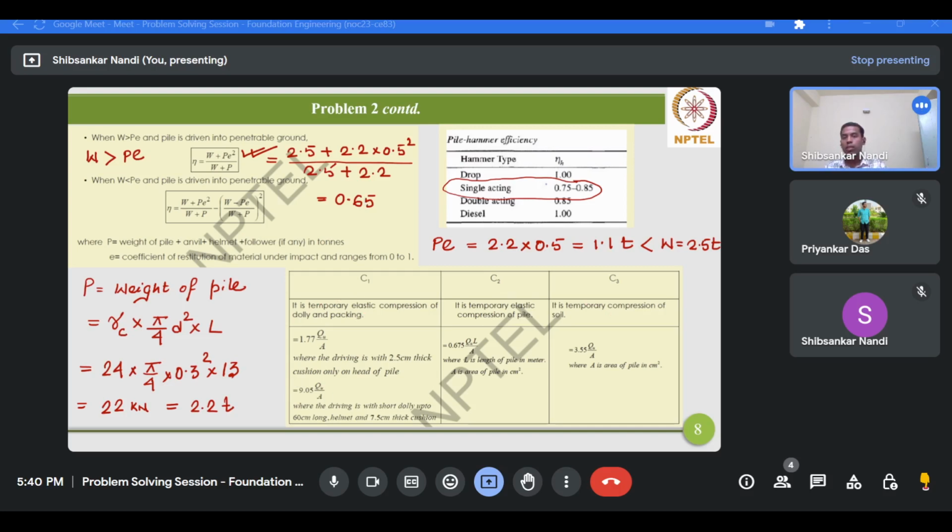C1 is the temporary elastic compression of dolly and packing, and it has a value of 1.77 times Q by A, where the driving is with a 2.5 centimeter thick cushion only on the head of the pile. And I think this is applicable for this problem.